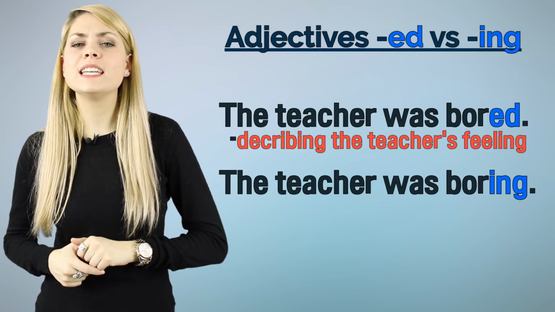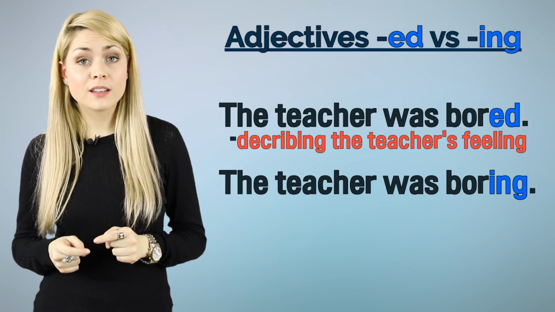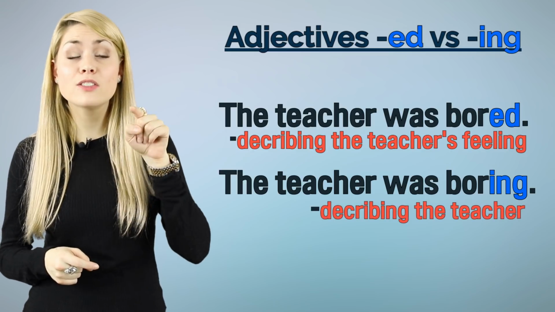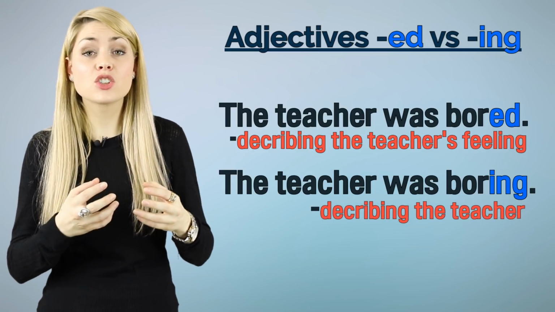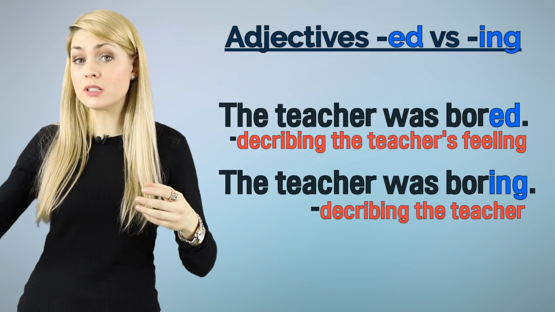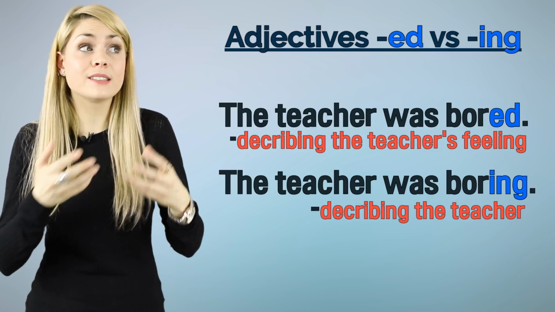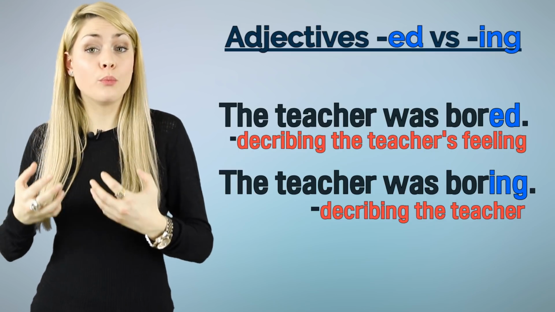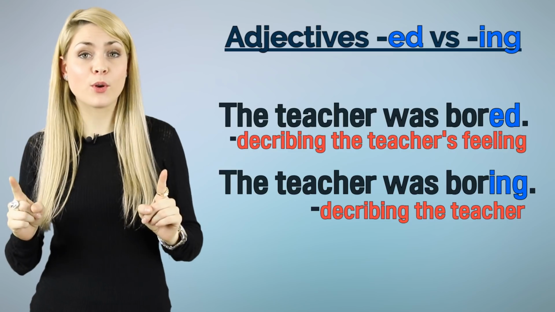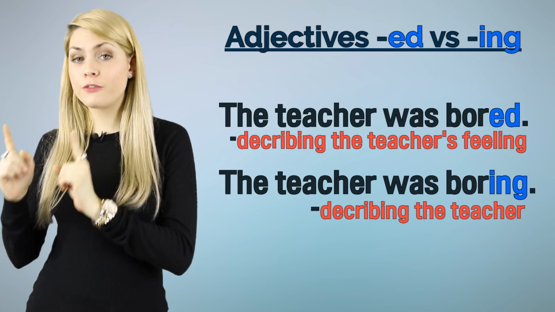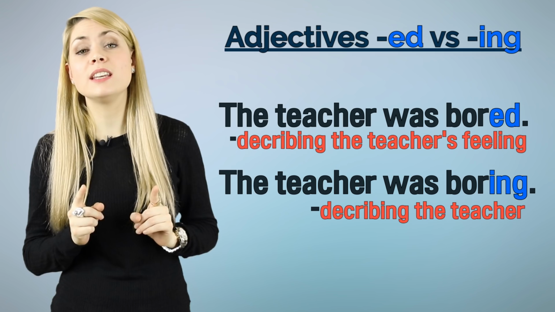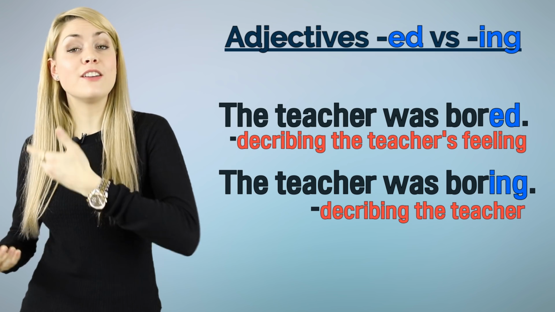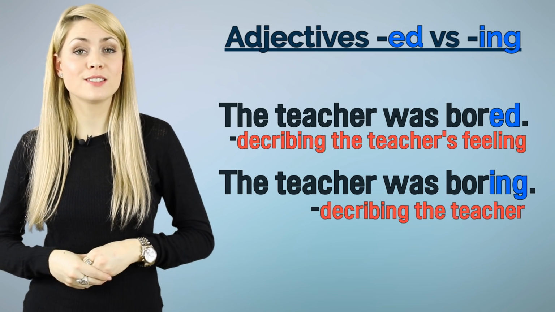But when you say the teacher was boring, you are describing the teacher. Okay, the teacher made the students feel bored because he or she was boring. Okay, so remember, ed is for feelings and ing is to describe events, things, situations.